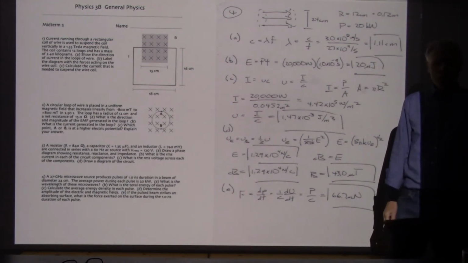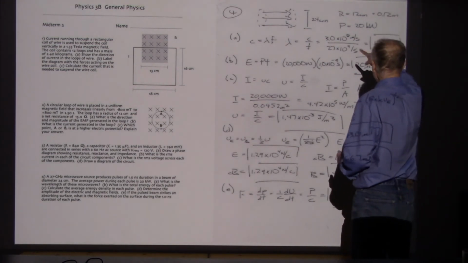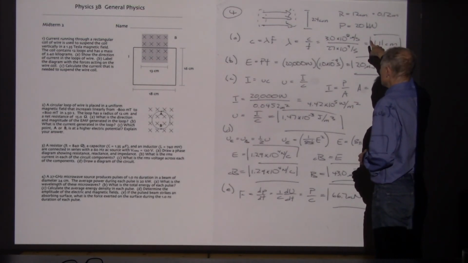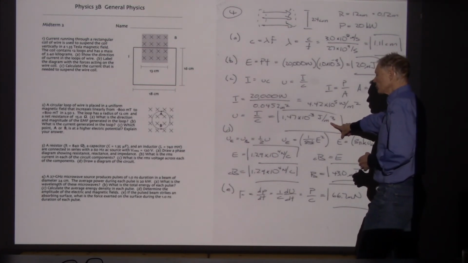So it's not much, but it's traveling so fast that a lot of energy can be delivered. So it depends on energy density, which is not especially huge, but it also depends on how fast the propagation speed is, and that's a really, really large number. Okay, so we're transferring a lot of energy, 20,000 joules per second, with a relatively low energy density.